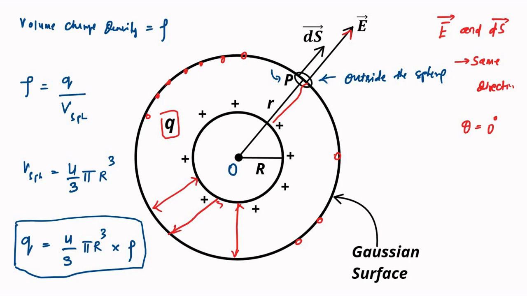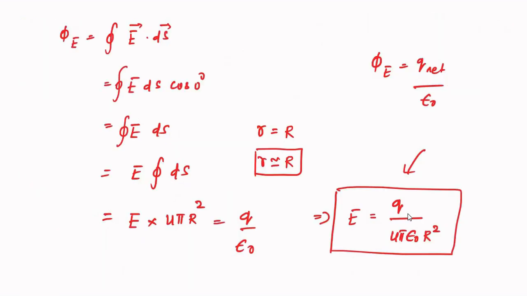Rho is the volume charge density. So if we substitute this Q with 4 by 3 pi R cube rho, let's see what happens.